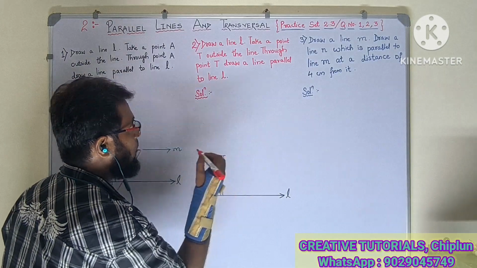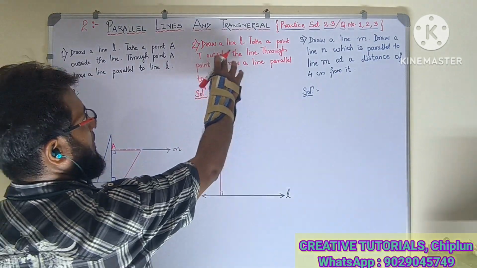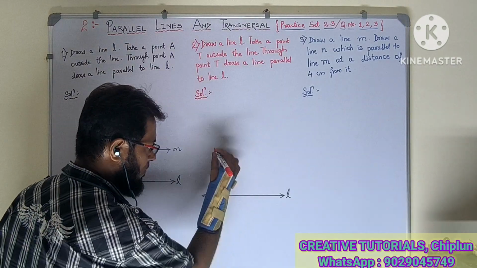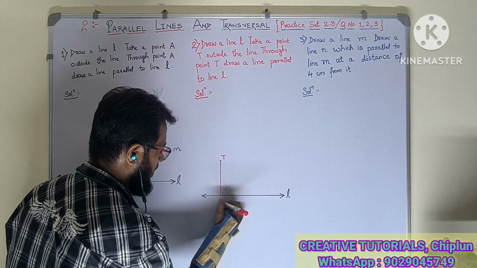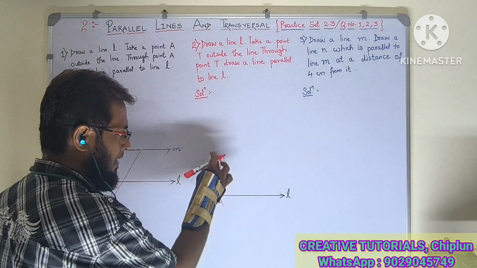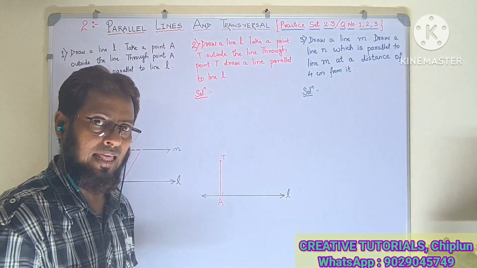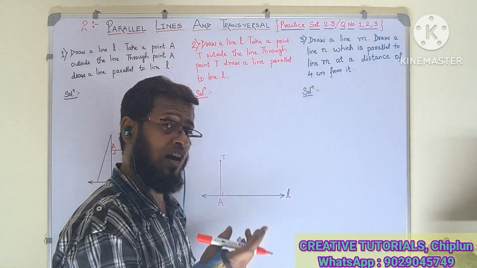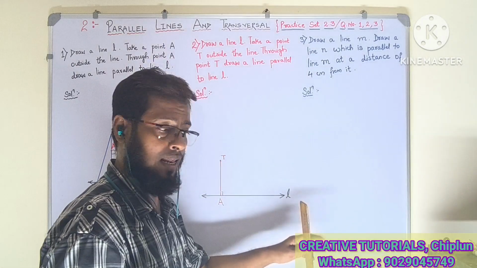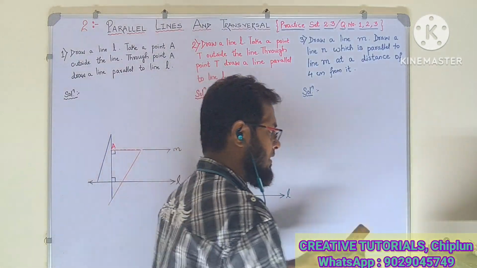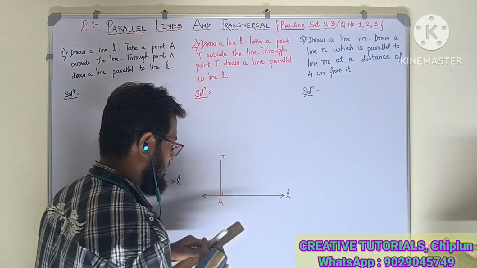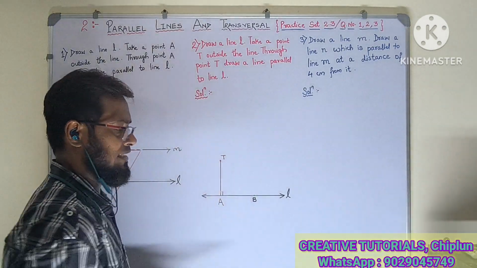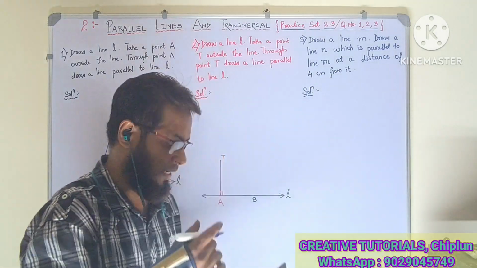So this is the perpendicular line. Take a point T outside the line, and through point T draw a parallel line. They are not giving any point here, so let me call it point A. So my TA is perpendicular to line L. Now we will take one more point on this line L, for example this point B, which we choose on our own.